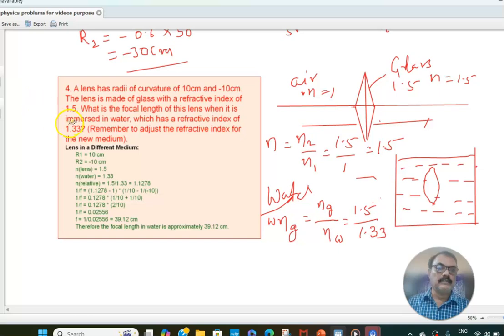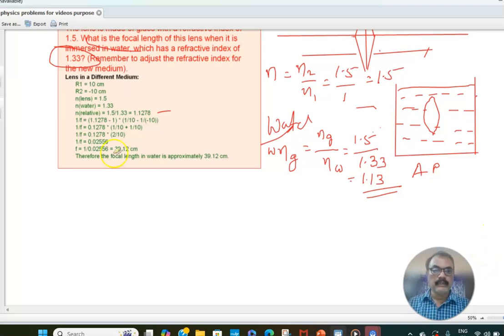You can see here, circulate. This is the one. Then it is calculated. This value will be approximately 1.13.